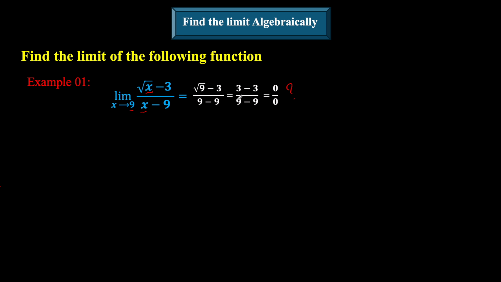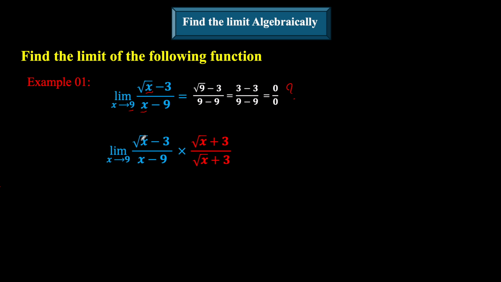So as a solution, we have to change the shape of the equation. For this type of equation, when you have the square root of something, you have to multiply the equation by the conjugate. You ask yourself where you have the square root.